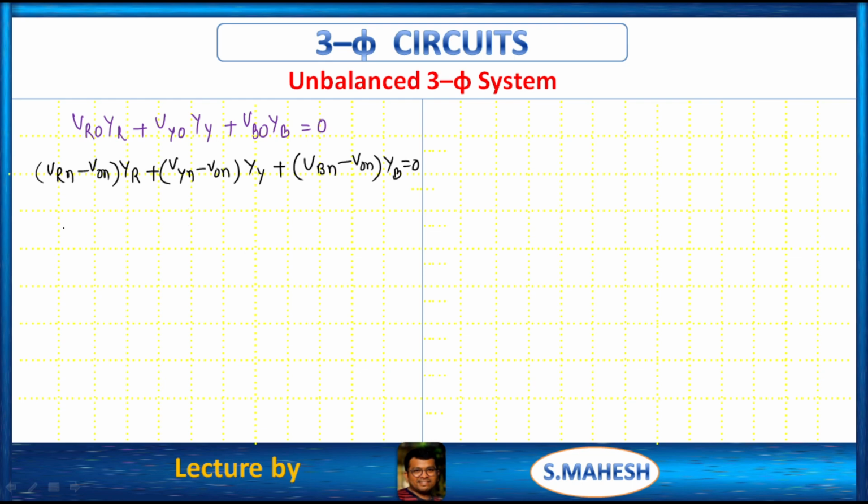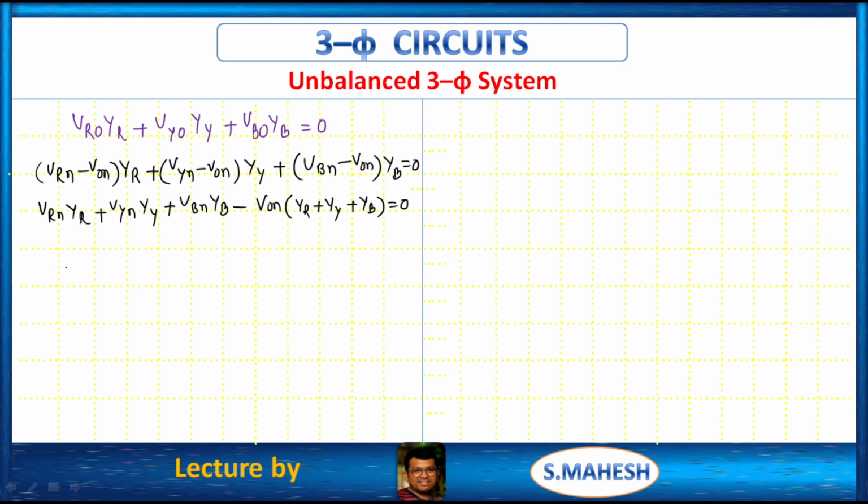So from this we have V_RN Y_R plus V_YN Y_Y plus V_BN Y_B minus V_ON into (Y_R plus Y_Y plus Y_B), which is equal to 0.